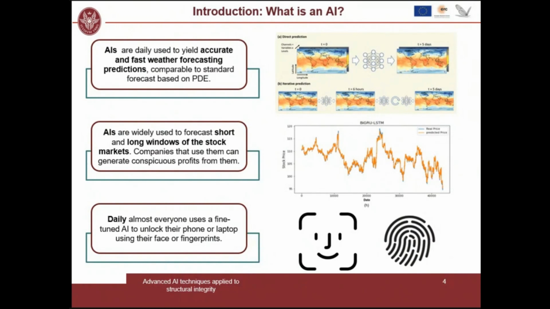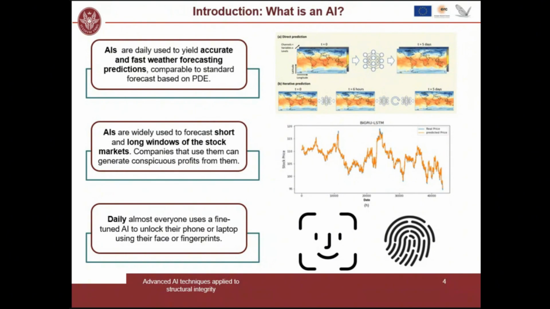And this happened since AI is now used instead of partial differential equations. Since we are using artificial intelligence trained on real data, we are achieving much faster and much more accurate weather forecasting.